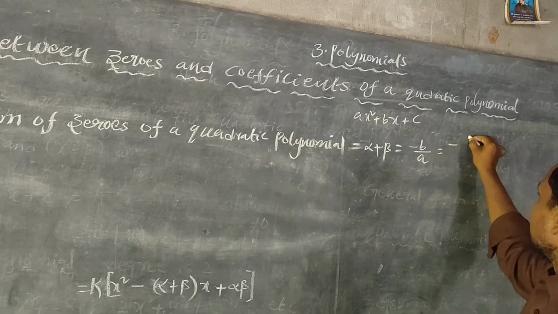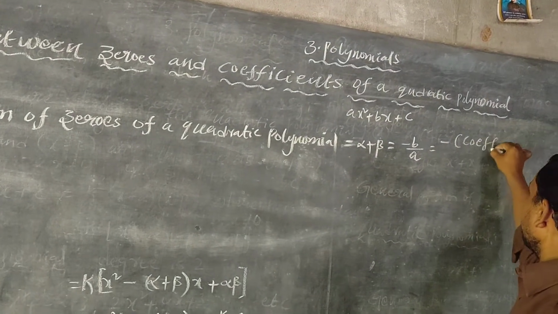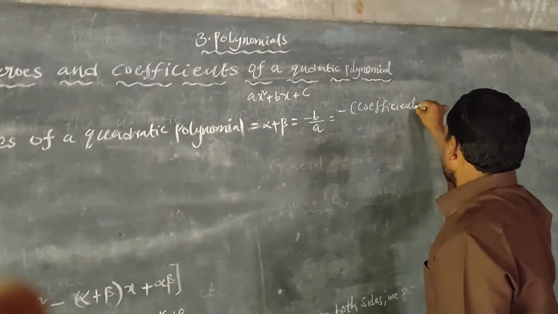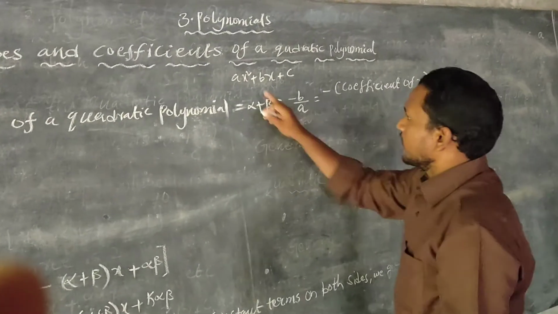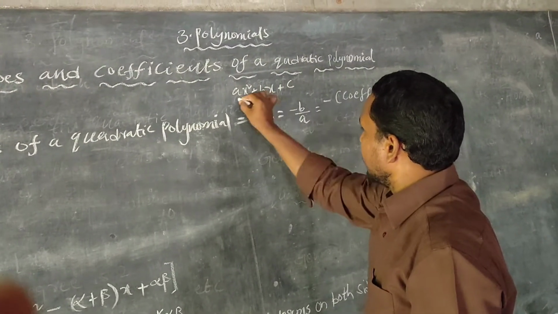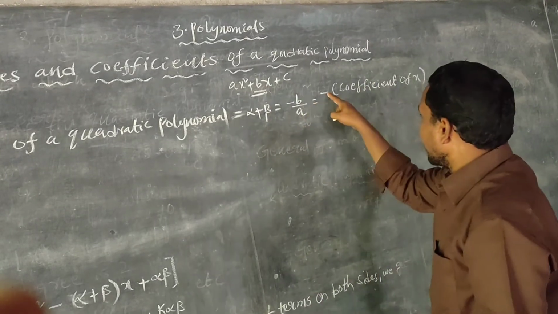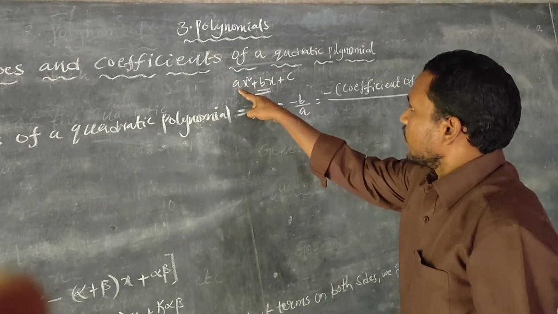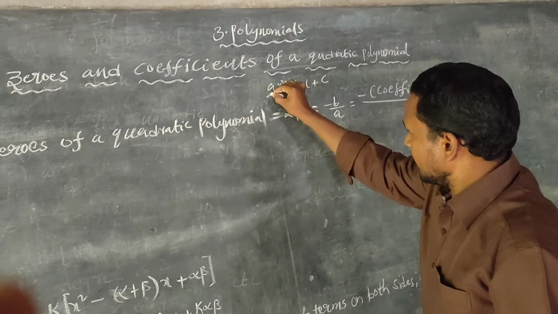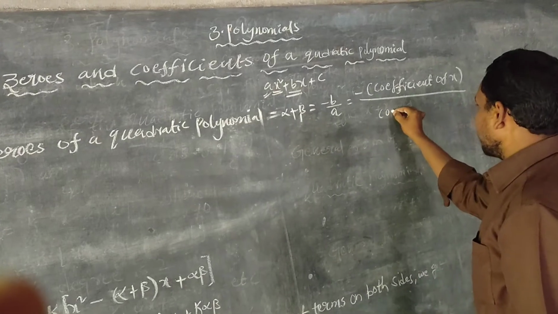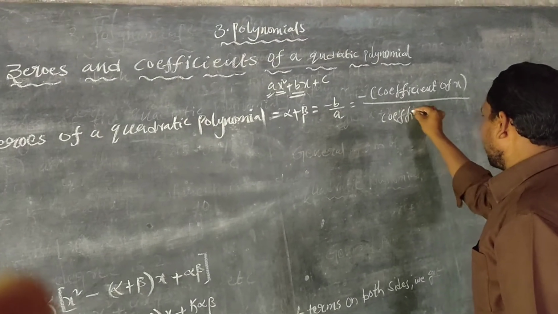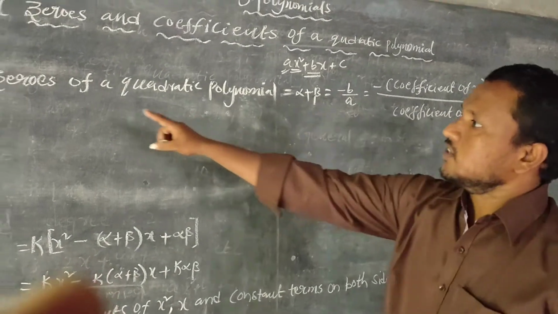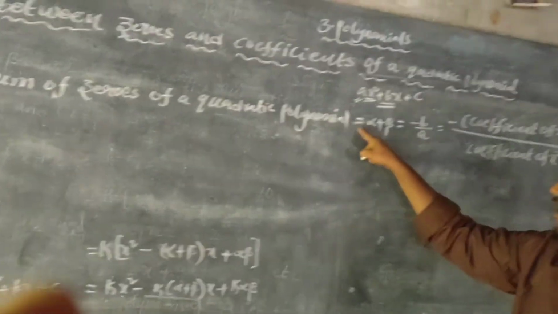Minus of the coefficient of x, why? Because the coefficient of x is b. So minus of the coefficient of x by a, the coefficient of x square, that is the sum of the zeros of a quadratic polynomial.